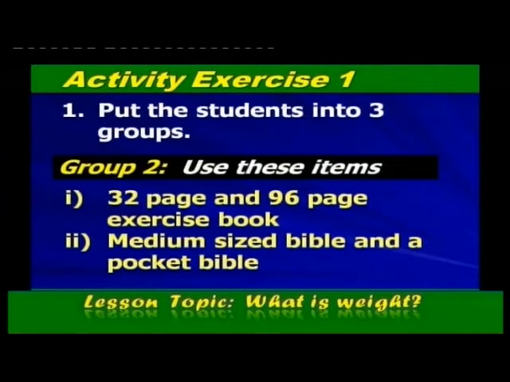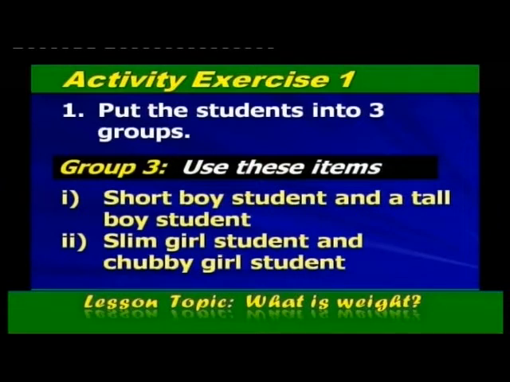Come and get yours. Group 3, you are going to work on comparing the weight of a short boy student and a tall boy student in your class, as well as a slim girl student and a chubby girl student.